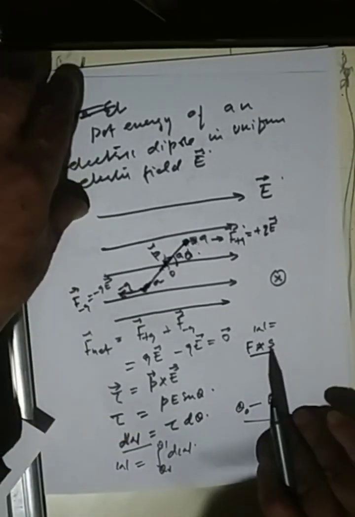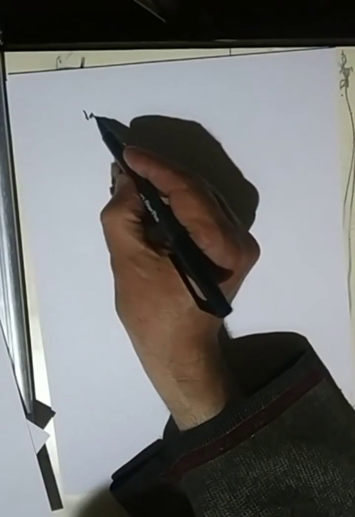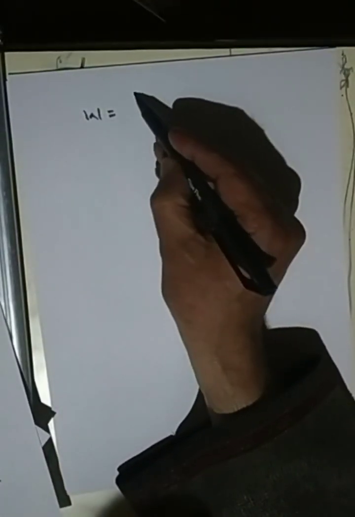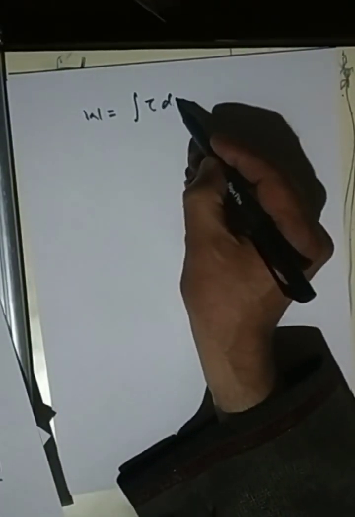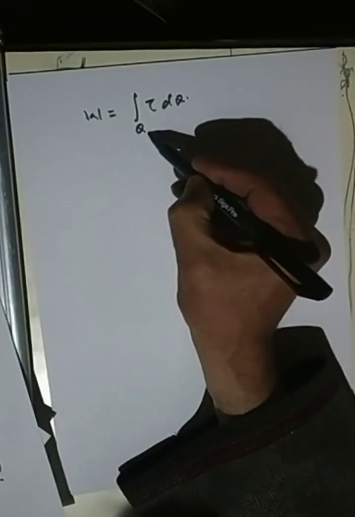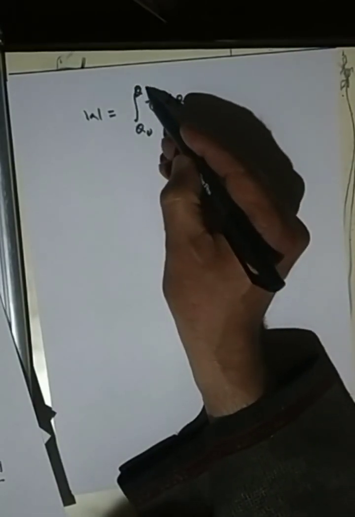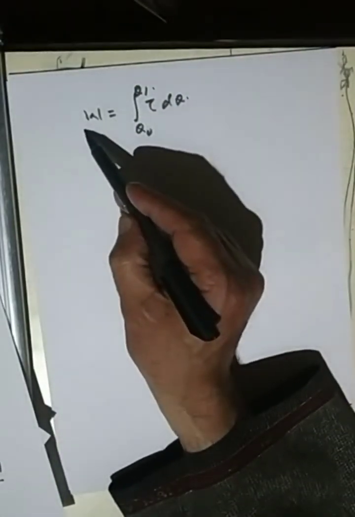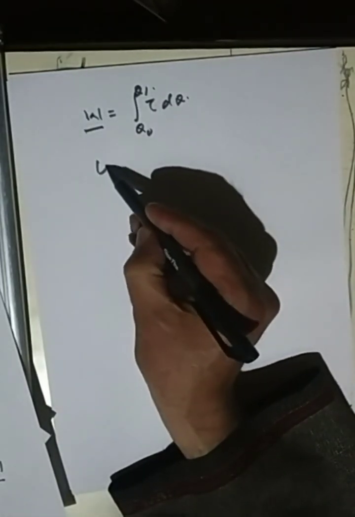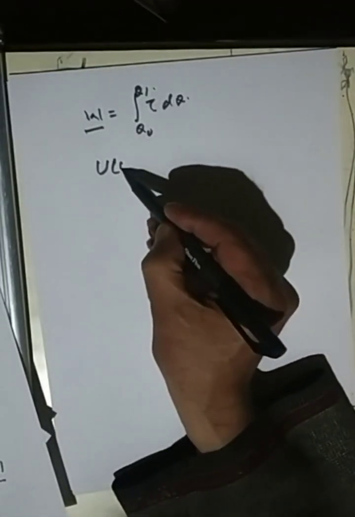So the work done W will be the integral of dW between theta 0 and theta 1, which is the integral of tau d theta between theta 0 and theta 1. This work done will be stored as the potential energy of the dipole, written as U of theta.